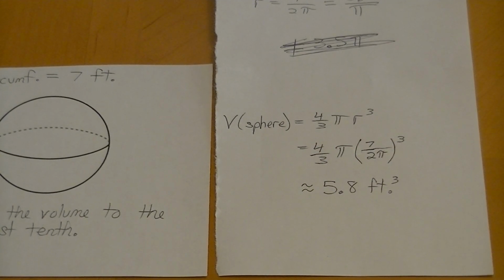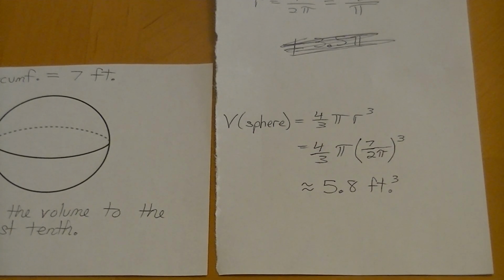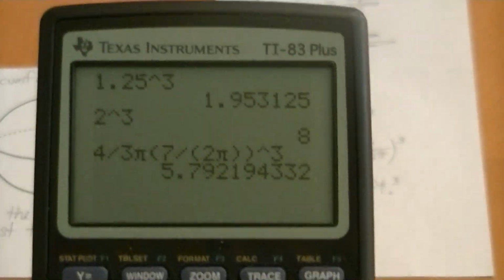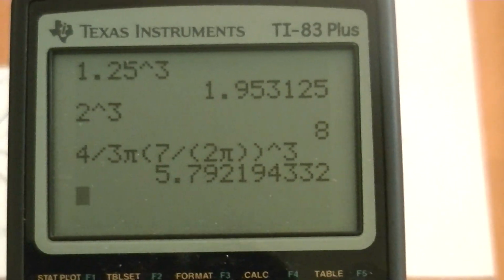4/3 pi r cubed. Now that's a tricky one to type into your calculator. And I'm really going to ask you to pause here if you haven't already and see if you can type that in correctly yourself and get that answer. And I'll show you what it should look like on my screen here. So 4/3 pi r cubed.